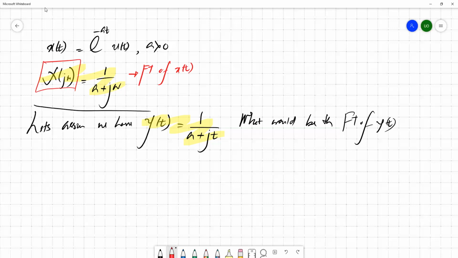So we have a time domain quantity, and the shape of this time domain quantity exactly matches xj. So the shape of yt equals xj omega. See, if you replace omega with t, you have this.